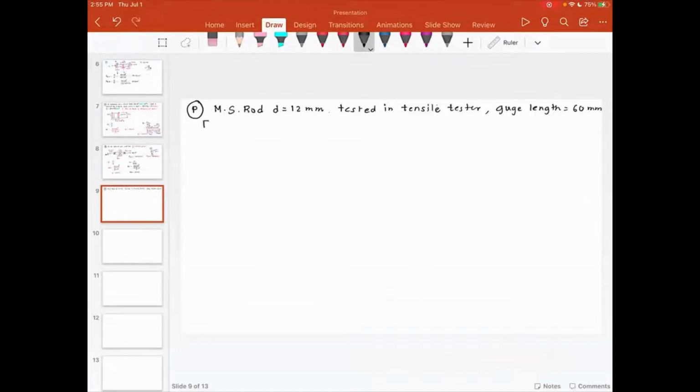The final length, final diameter, something called as the yield load, which means the force at which the material yielded, and the ultimate load, which is the load at which the material failed.